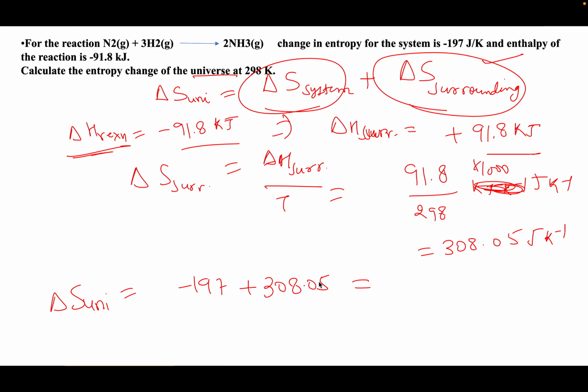So this is equal to 111.053 joule per Kelvin. This is positive delta S of universe. So entropy of the universe is positive. That is what we know: entropy of the universe always increases.